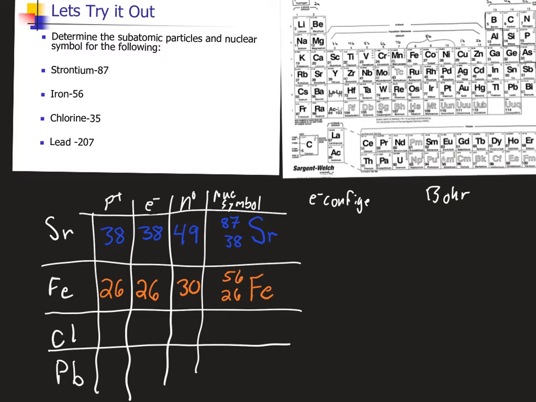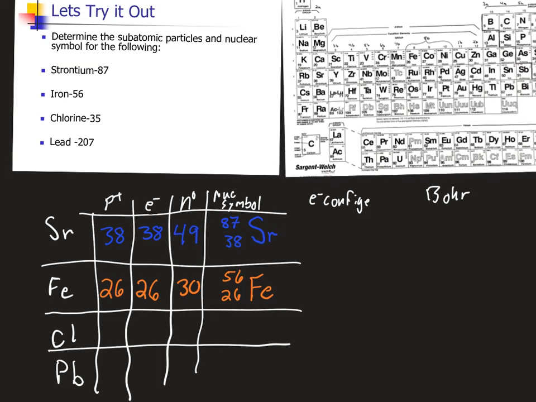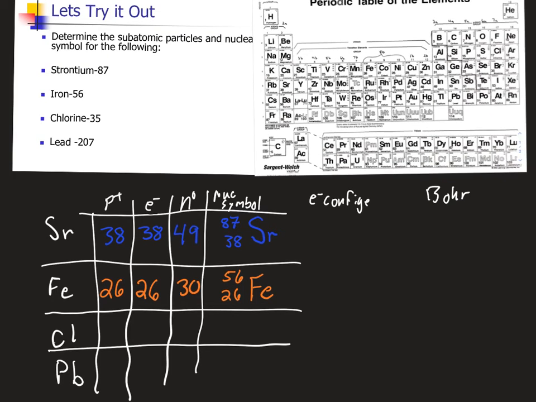For chlorine, looking at my periodic table, I need to find the atomic number for chlorine. That would be 17. So that gives me the number of protons. Since we're dealing with a neutral atom, the number of electrons is also going to be 17.